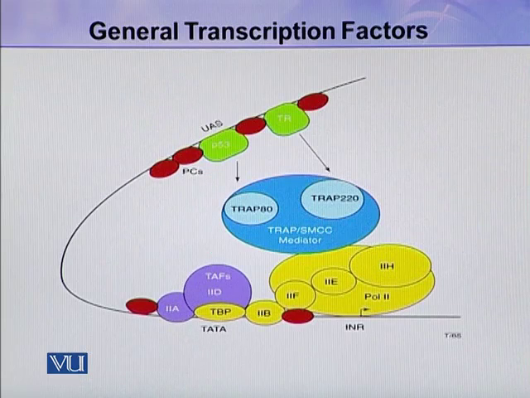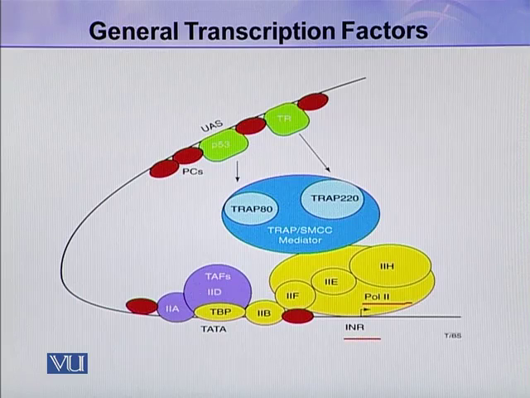So here is the picture of the whole pre-initiation complex, and in this picture you can see this is polymerase 2, and then this is the INR region, this is the TATA region along the DNA strand, and then we have different transcription factors such as this is TF2H, this is TF2E, then TF2F, TF2B.